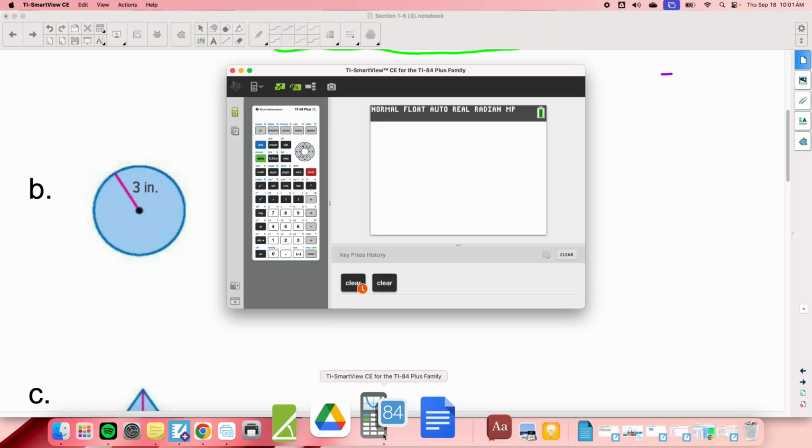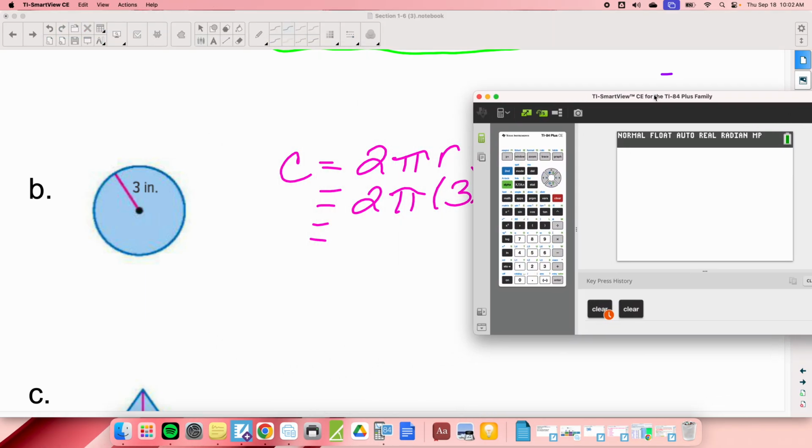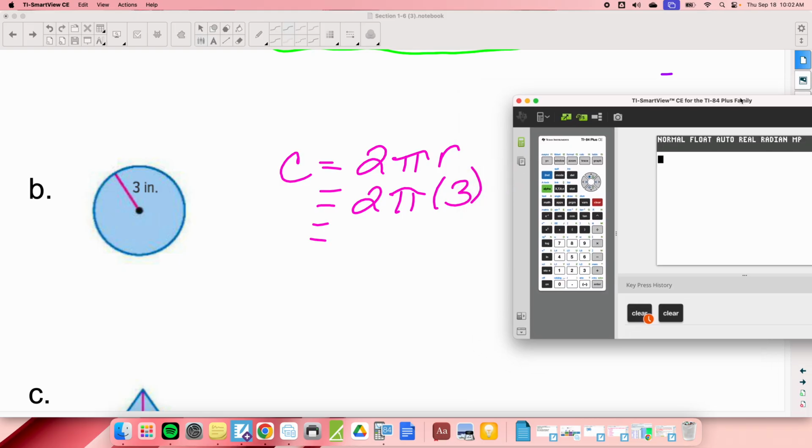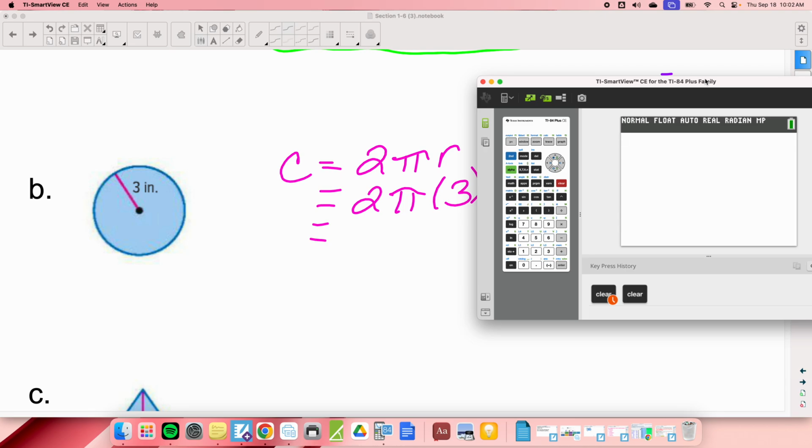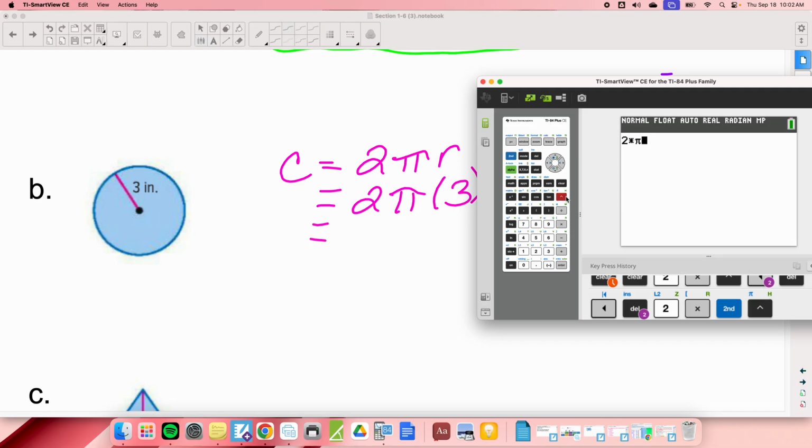Now, do you guys know in prior math classes, you may have used 3.14 instead of pi. We use the pi key on our calculators for this. So what you would do is on a graphing calculator, you would go 2 times, to get pi, you go second, and then that up arrow right there, okay?